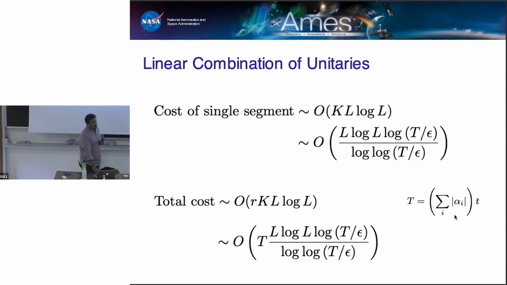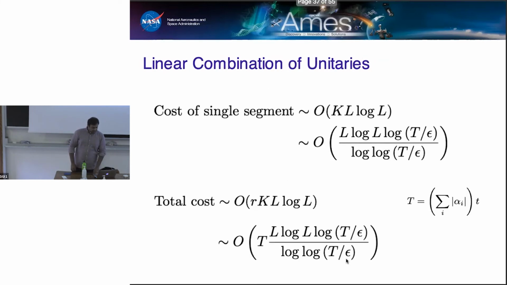It's still linear in T, but now the dependence on epsilon is much, much better than 1 over epsilon. Okay, so in asymptotic complexity terms, this is a much better algorithm to implement than the trotterization method. So even though trotterization is conceptually so much simpler, we had to go through a lot of song and dance to get to this particular expression, right? But in asymptotic complexity terms, we also do a lot better.